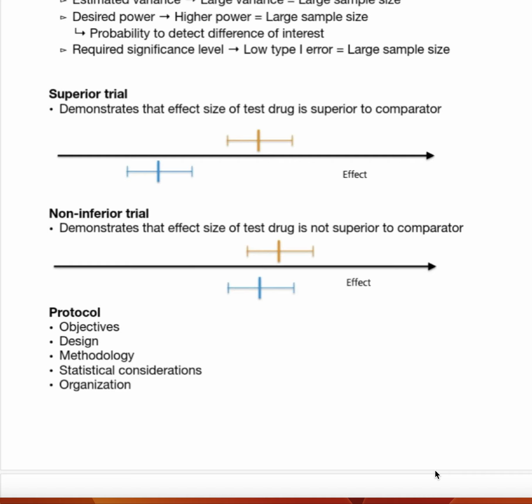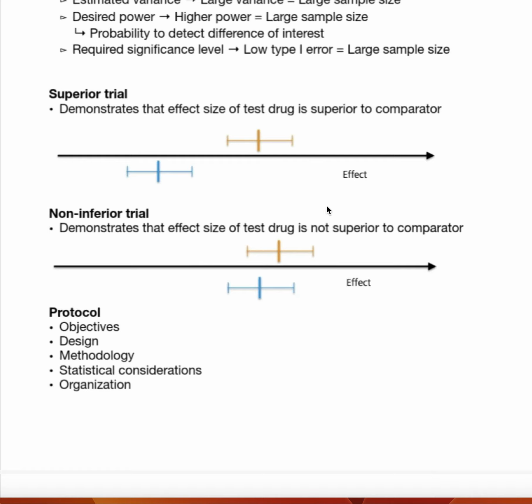The superior trial demonstrates that the effect size of a test drug is superior to the comparator. The comparator is like an existing drug, so we are comparing two drugs: the tested drug and the existing drug.